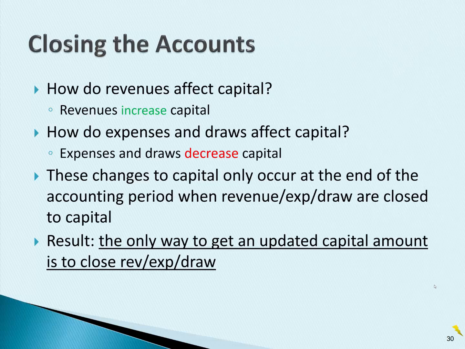Closing these accounts updates capital, as you can see on the statement of owner's equity that we did earlier. And in electronic accounting, closing the books also locks the accounting records for the accounting period being closed. This is important so that no one accidentally changes last year's records, which could affect the amount of taxes paid on the net income.